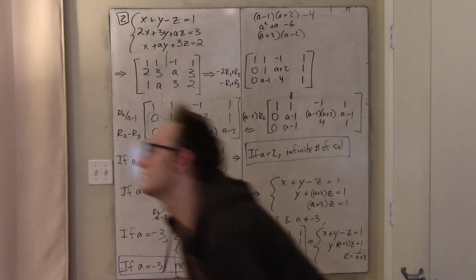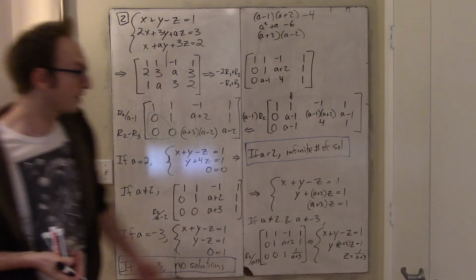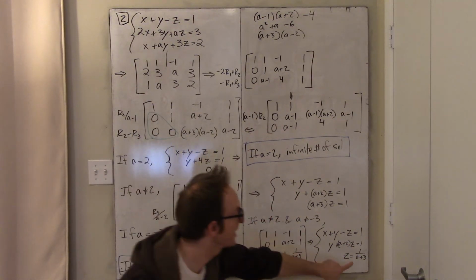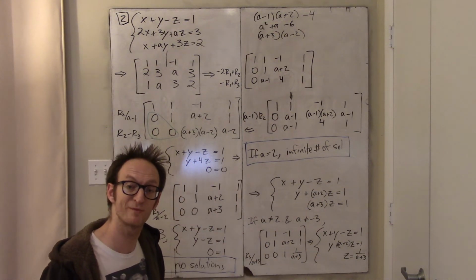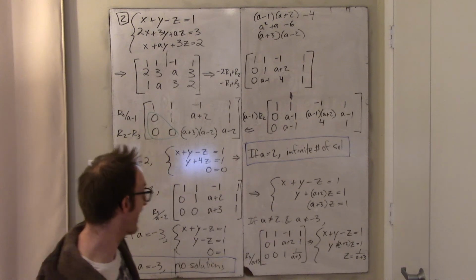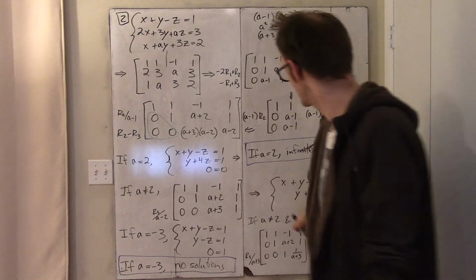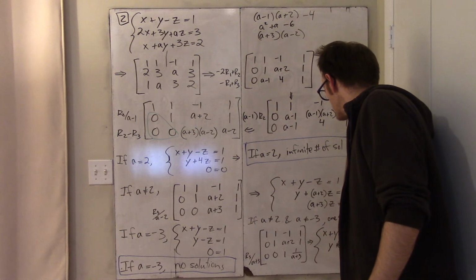So in fact, if A is not 2 and A is not negative 3, then whatever A is, say if A is 5, then z is just 1/8, and then this system is totally fine. So the final thing is that if A is not 2 and A is not negative 3, then we're going to have one solution.